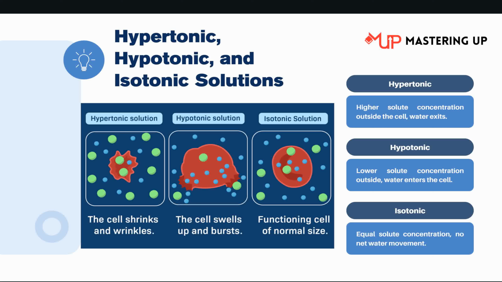Even something as simple as soaking dry fruits, such as raisins, in water, is an example of osmosis in action, where the water moves into the cells of the fruit, rehydrating them.